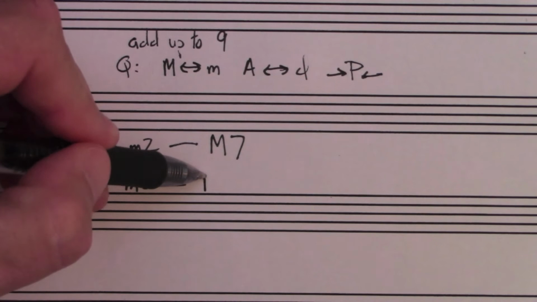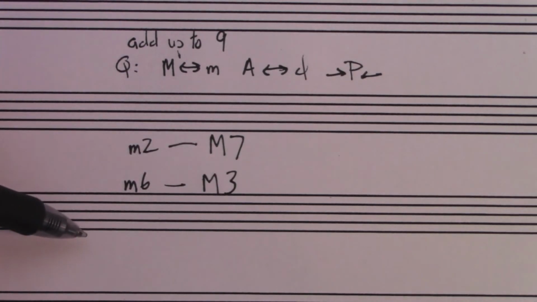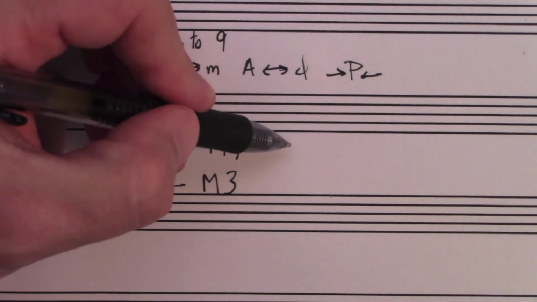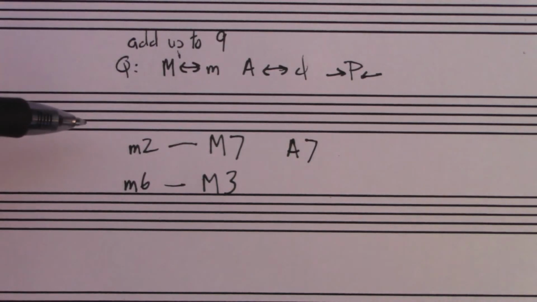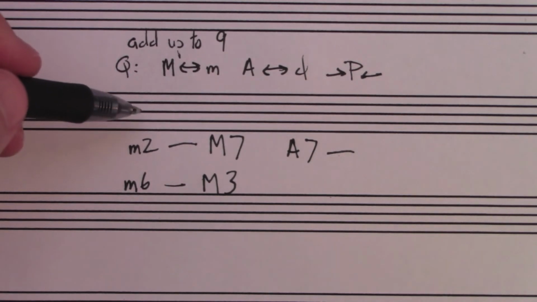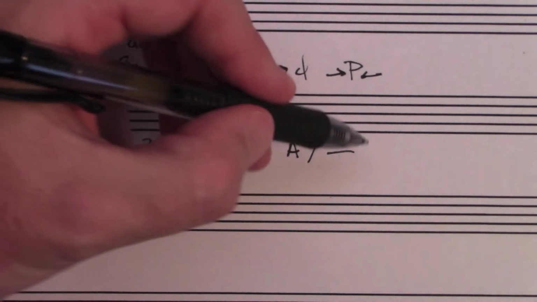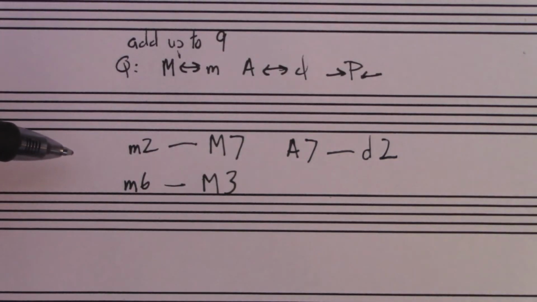Minor becomes major. 6, 3 adds up to 9. Okay, pretty cool. What about an augmented seventh? If we invert an augmented seventh, what do we get? Augmented becomes diminished, adds up to 9, 7 plus 2. Diminished second.